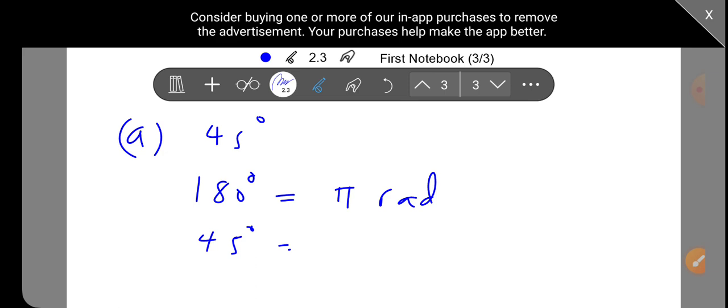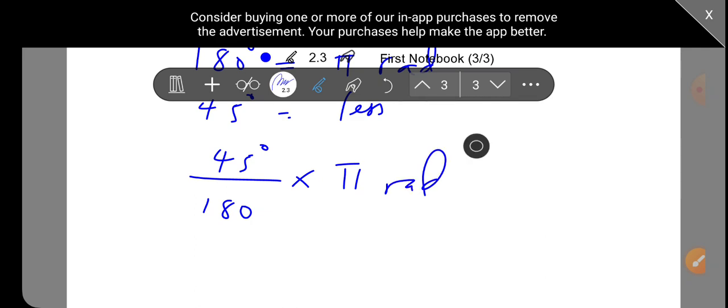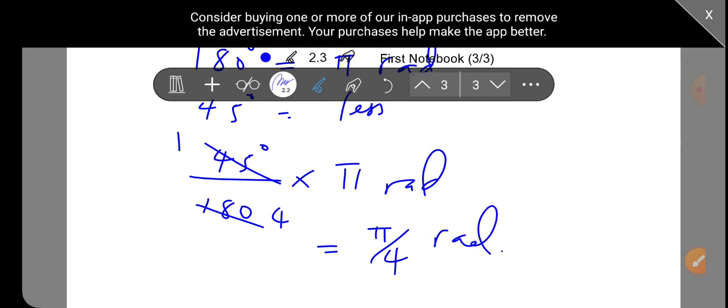It is 180, right? So it will be less. Because it's less, it will be 45 over 180 times pi rad. So 45 into here, 1 into this one, 4. And then the answer you're going to get will be pi by 4 rad. So 45 degrees is the same as pi by 4 rad.